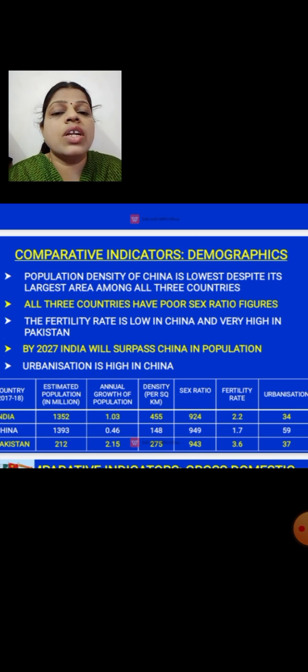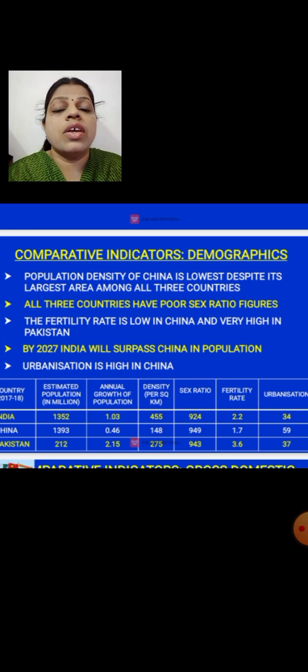And what about the fertility rate or the birth rate in China? It is also low in China and very high in Pakistan. So if we compare China and Pakistan, the fertility rate is very high in Pakistan. By 2027, India will surpass China in population.